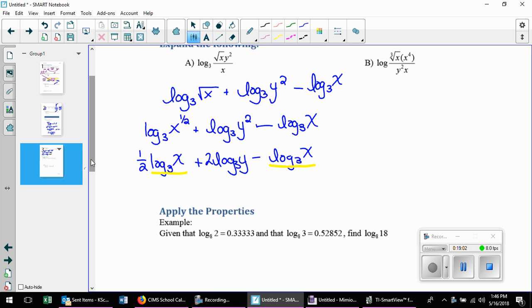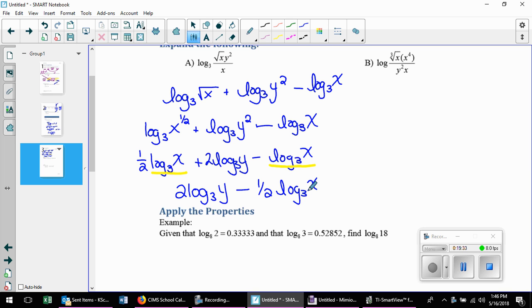Can I combine this one in? How come? They're not the same. Anybody know why I chose to write it this way? Because I'm worried I'm going to drop that negative.